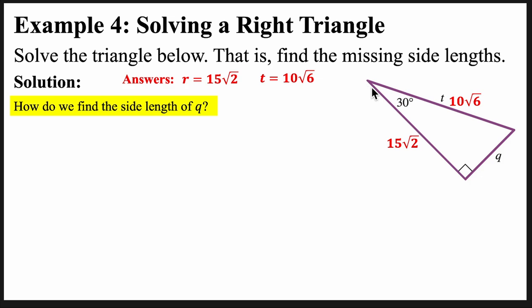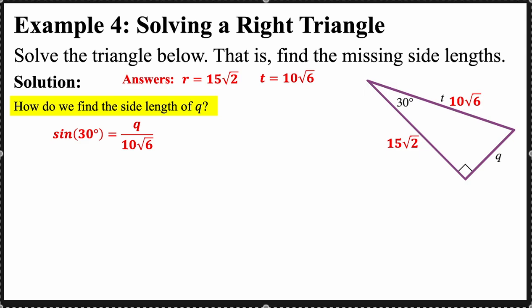So that means what I'm trying to find is opposite of the angle. What I know is the hypotenuse. So opposite over hypotenuse, that's the definition of a sine function. So we can say the sine of 30 is equal to q over 10 root 6.